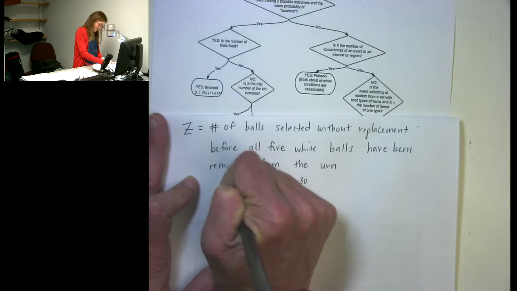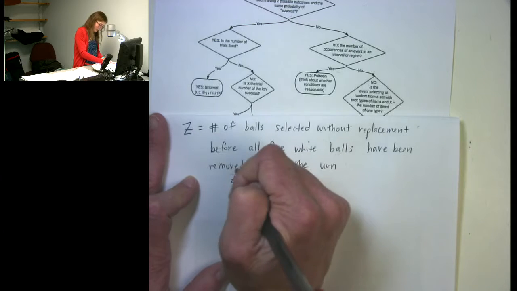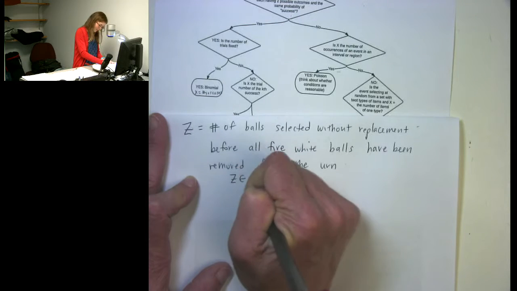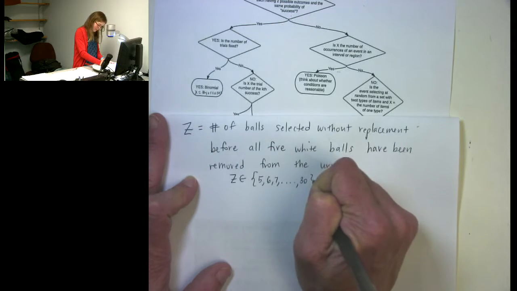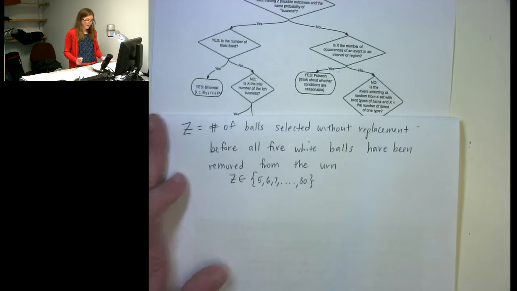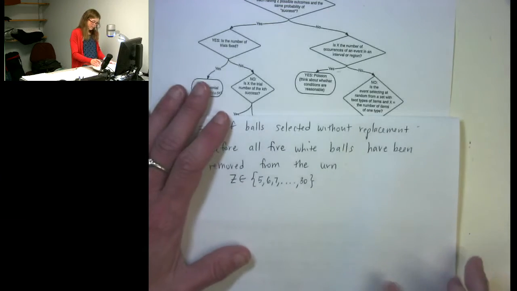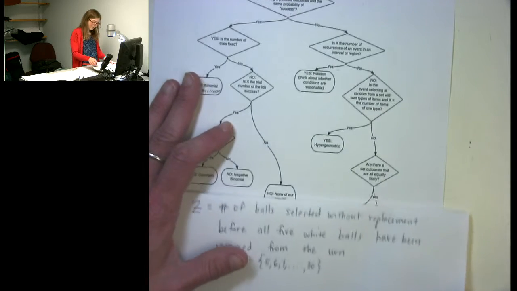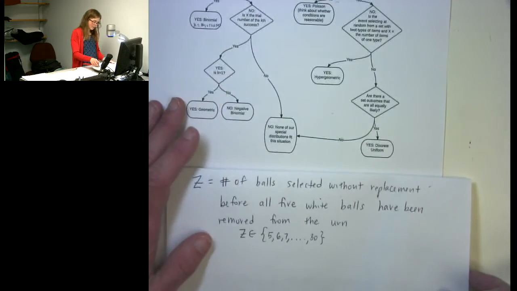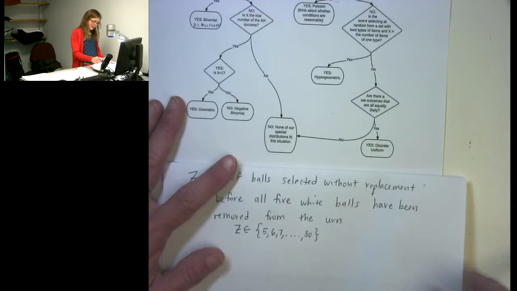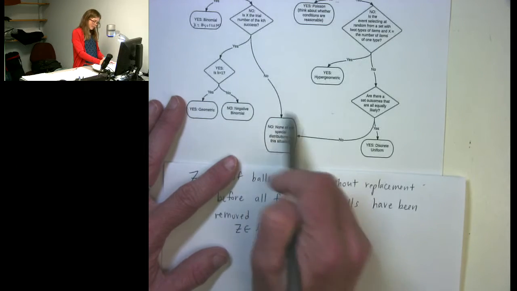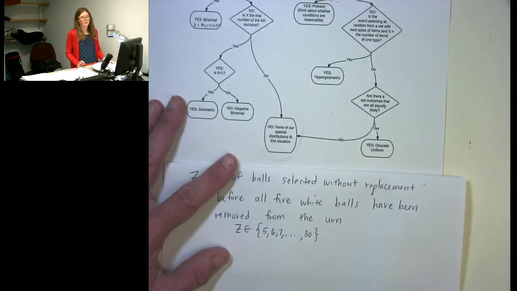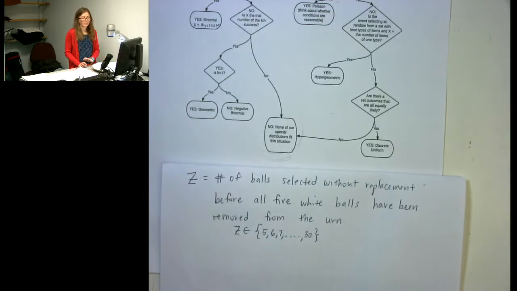So this would be my support of Z. And all of these are not equally likely, which means I don't have a discrete uniform distribution. And so I'm in a situation where none of our special distributions could be used to model that situation.